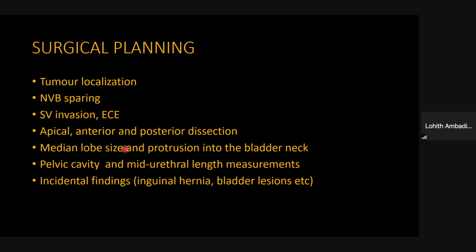All these can be figured out with a high degree of confidence, and give information about where the surgical dissection needs to be carried out, because it is based on the location of the tumor. We can also give you information about how the median lobe is protruding into the bladder neck. Incidental findings can be picked out on MRI.